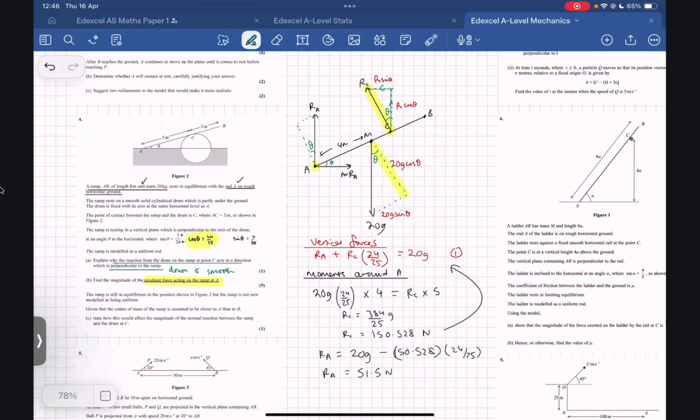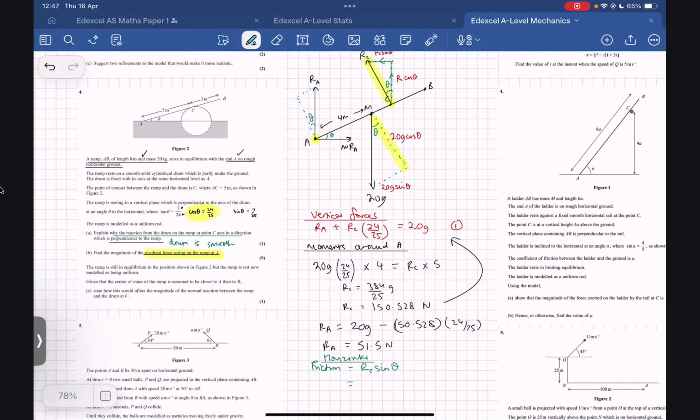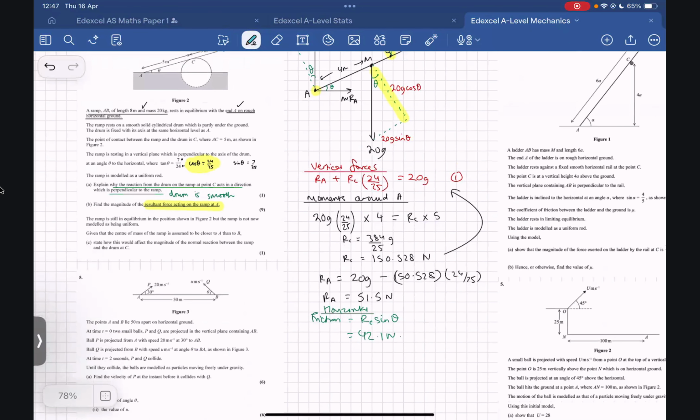All we need to do for horizontal is just say friction equals RC sine theta, which is equal to 150.528 times 7 over 25. So I get 42.1 newtons.